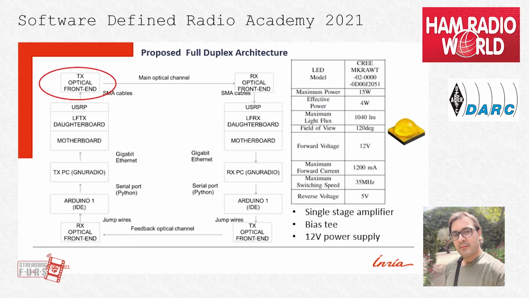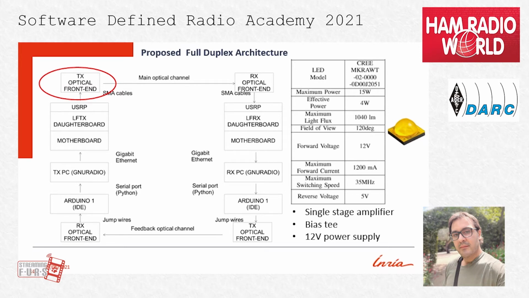So the most important part in each optical system is the optical front end, which in this case is composed of an LED, which is a Cree LED of 15 watt, with a maximum luminous flux of 1000 lumen, and a big field of view of 120 degrees.